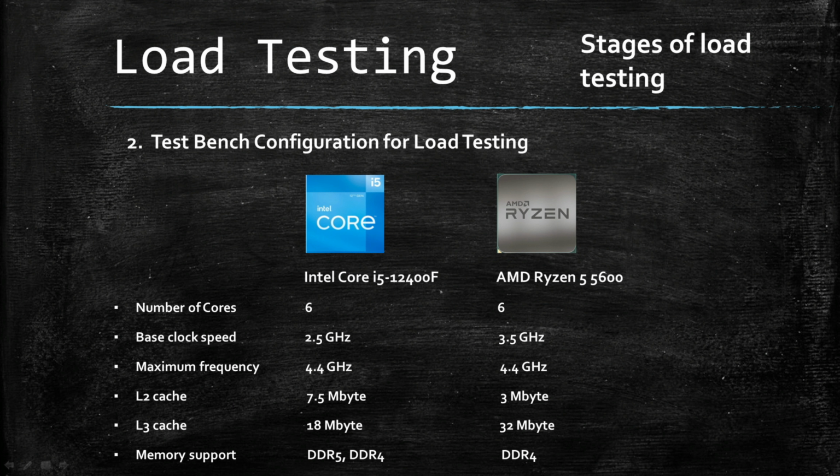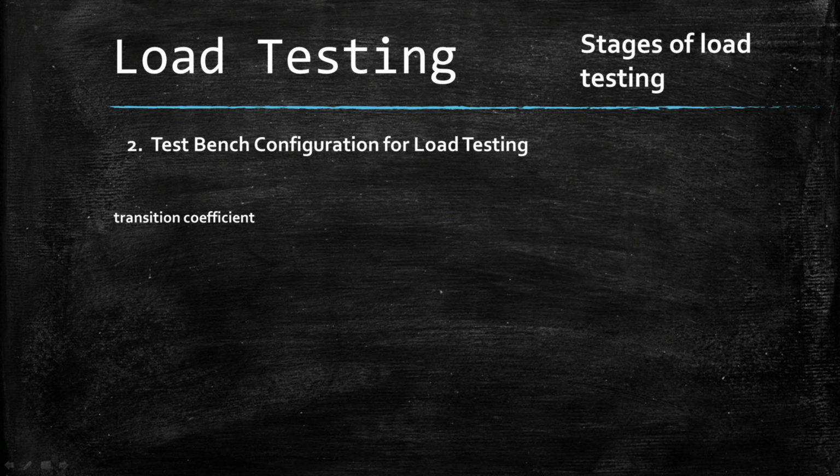But how, in this case, can you analyze the results and predict the performance of the equipment in the future? There is a way out. You can use the transition coefficient, or you can use expert judgment.